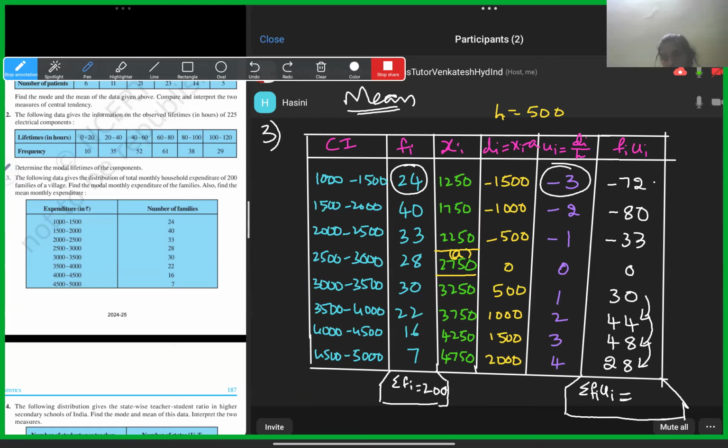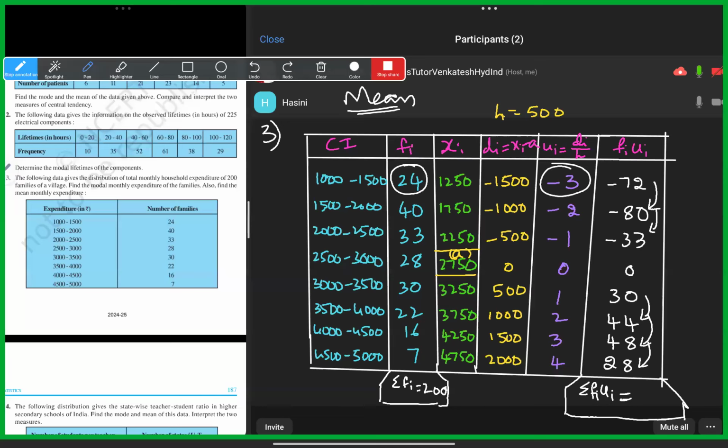And for the negative values: minus 72 minus 80 is minus 152, minus 152 minus 33 is minus 185.